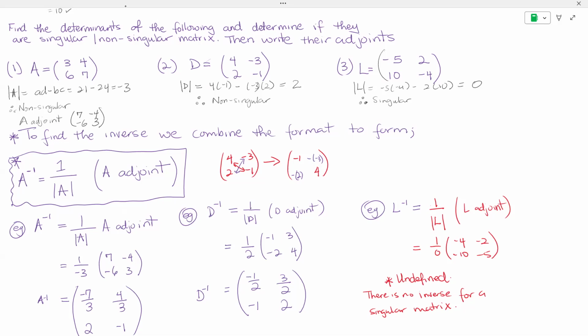All right. D adjoint is switching the place of -1 and 4, and then -3. So this is what I was talking about here, Anastasia. Negative, but it's already a -3, so -3.